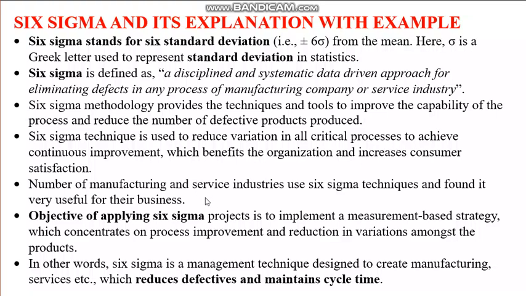A number of manufacturing and service industries are using Six Sigma techniques, and they have found it very useful. Many people proudly display that their company is Six Sigma compliant.